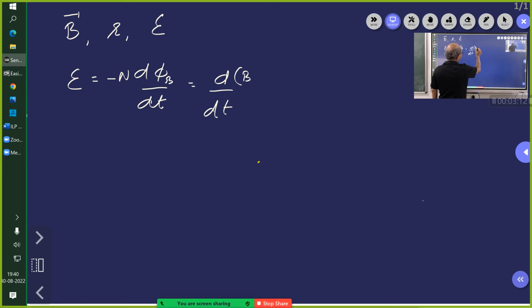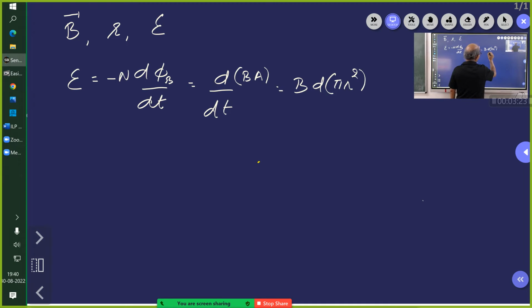Phi B becomes B into A. In this case B is constant, so pull that B out, and A will be pi r square. So this simply becomes B pi, d by dt of r square, which becomes 2r dr by dt.